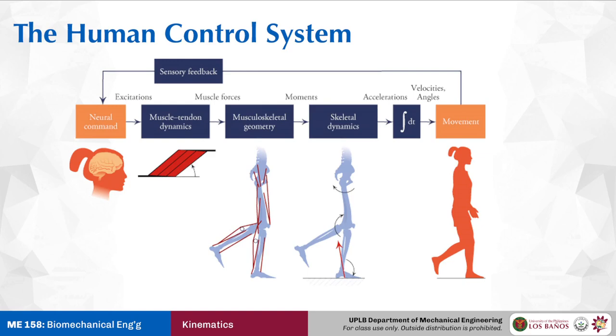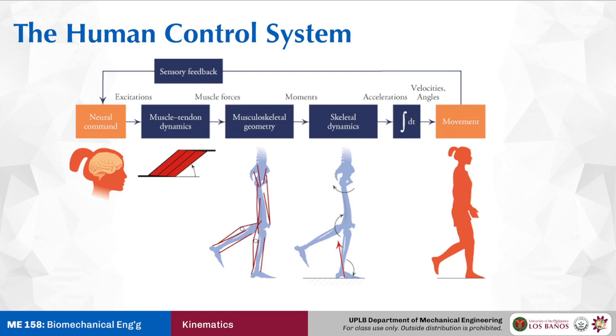So what you see here is a diagram for forward kinematics, which perhaps we will cover at some point. But if you look at the control diagram, you start with neural commands from your brain, and then it travels to your muscles, which through geometry of your body translates them into motion.